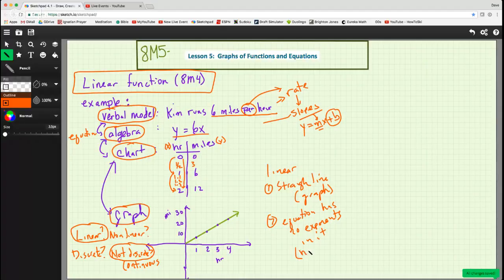It does have the implied exponent of 1, which is what we want. So a linear equation can be written as y to the first equals 6x to the first. But we don't write these because they're 1s.